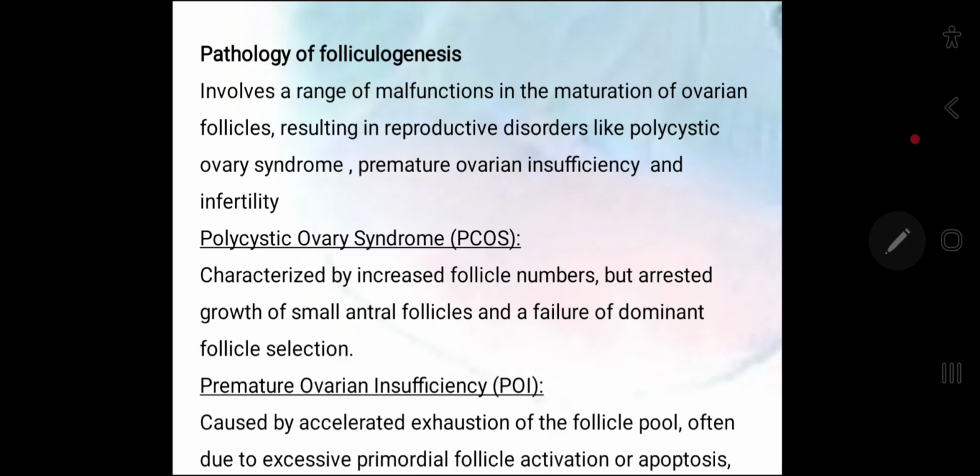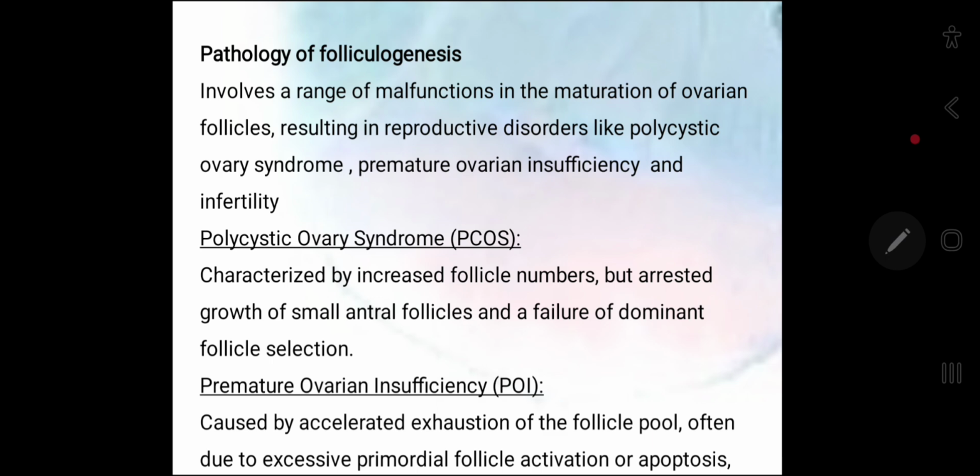As we said, each menstrual cycle, a group of antral follicles will respond to follicle stimulating hormone and start to grow and develop into a dominant pre-ovulatory follicle. But in PCOS, the antral follicles fail to develop into one single dominant follicle to ovulate and are arrested at the antral follicle stage each menstrual cycle. So the ovary will be cystic in appearance, with subsequent subfertility.